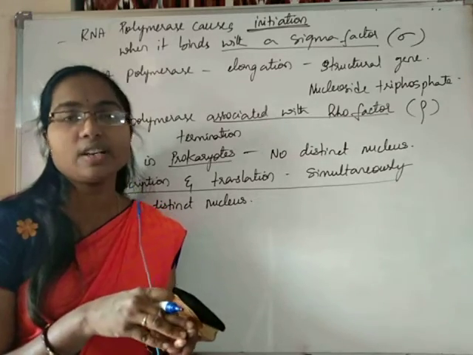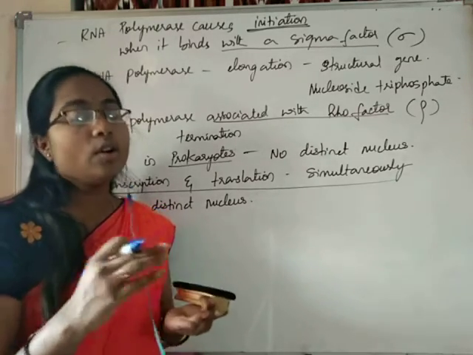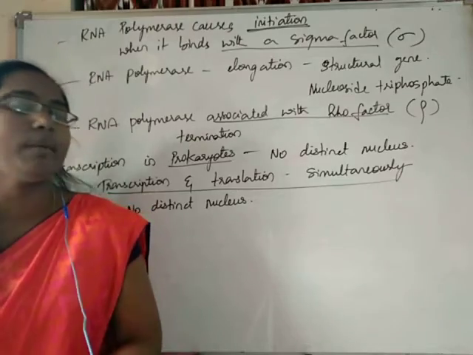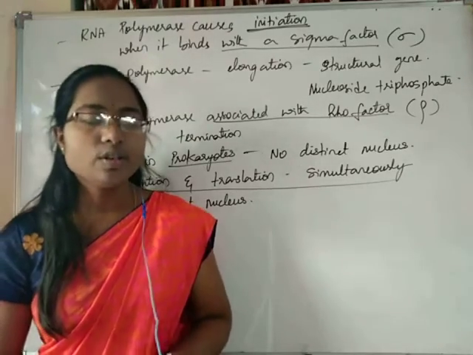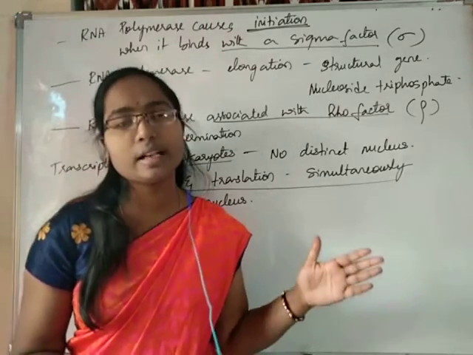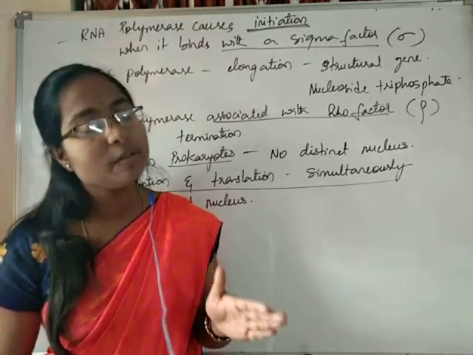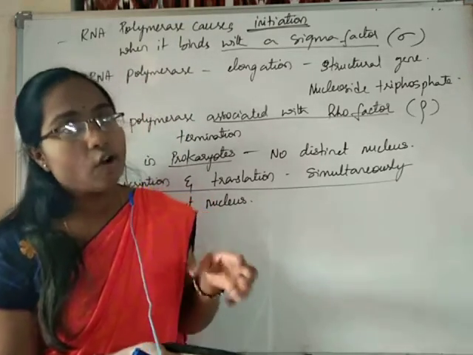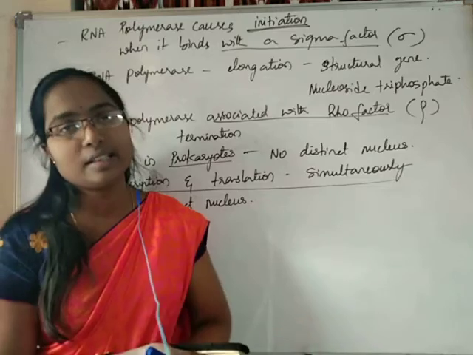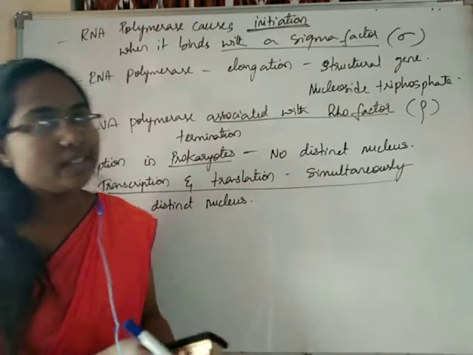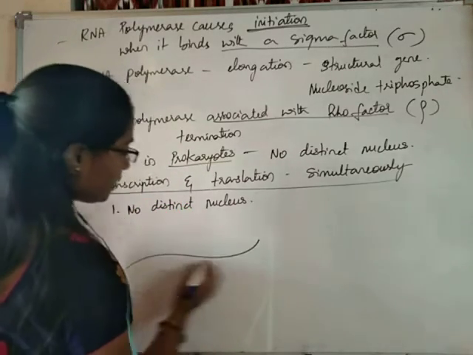Ribosomes are the ones involved in translation, right? Translation means formation of proteins from RNAs. So ribosomes will simultaneously act on the forming mRNA and cause translation. DNA will still be attached to, I'll just show you how.